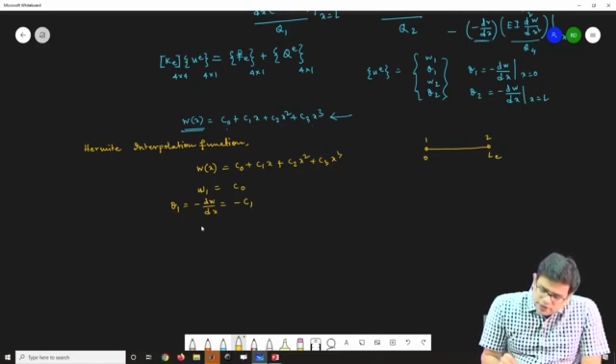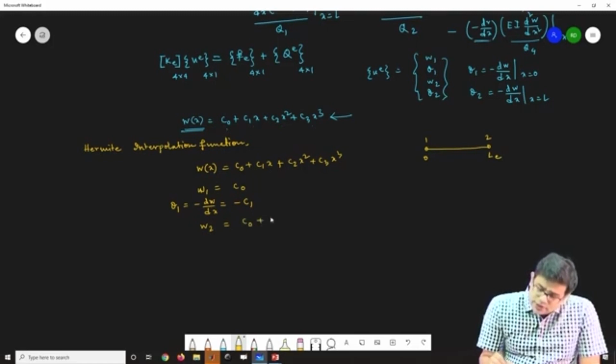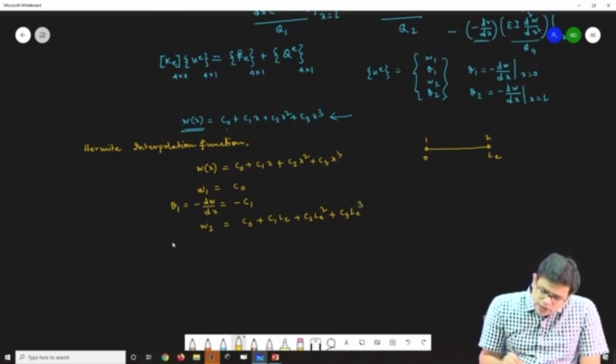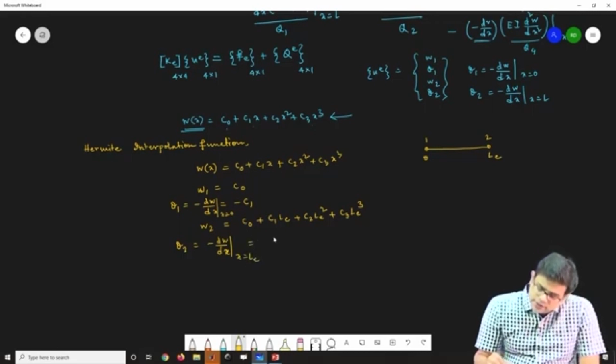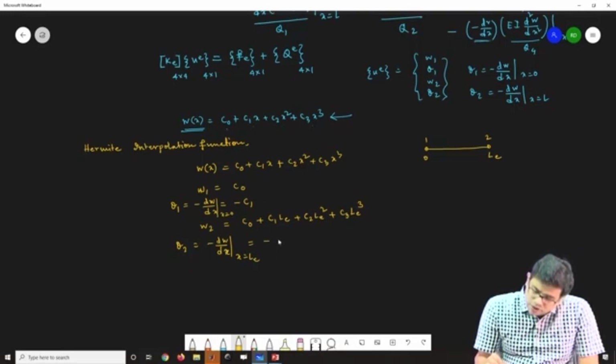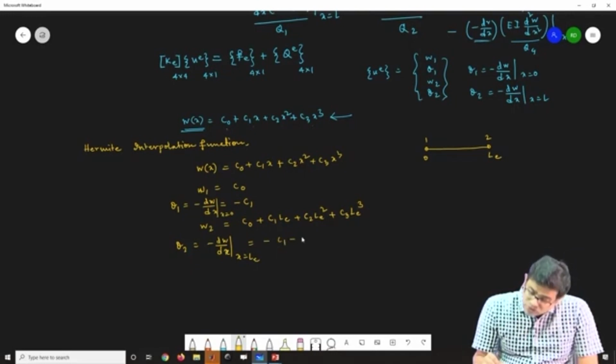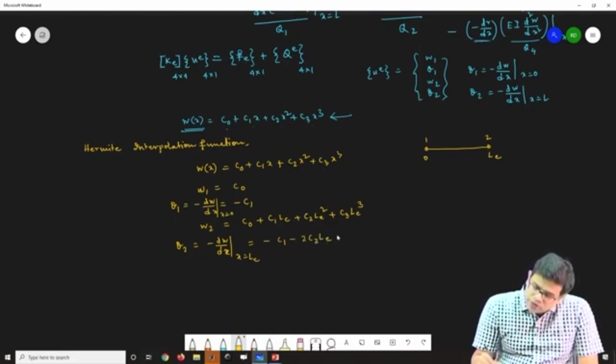Similarly W2 is C0 plus C1 LE plus C2 LE square plus C3 LE cube, and theta 2 is minus dw dx at x equals LE, which is minus C1 minus 2 C2 LE minus 3 C3 LE square.